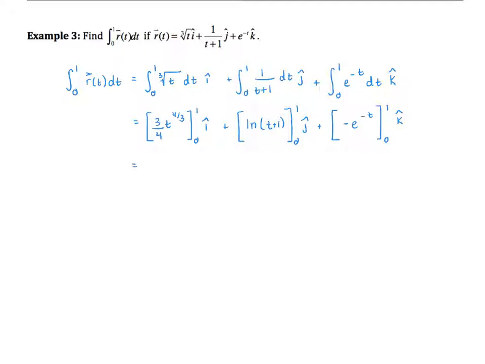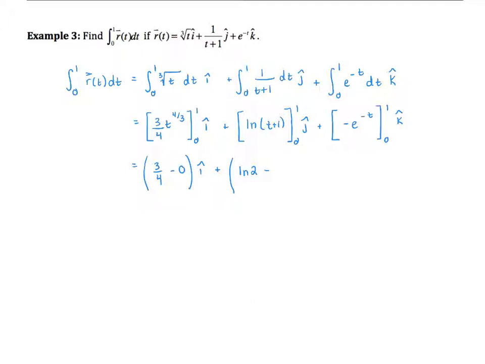Okay, so let's do the definite integral step. You can see it becomes a lot of pieces. It's sort of an exercise in bookkeeping, but conceptually, I don't think it's terribly taxing. When t equals 1, you get 3/4 times 1, so 3/4, and when t is 0, you have 0. So i hat. When t equals 1 in the j component, you get the natural log of 2, minus the natural log of 0 plus 1.